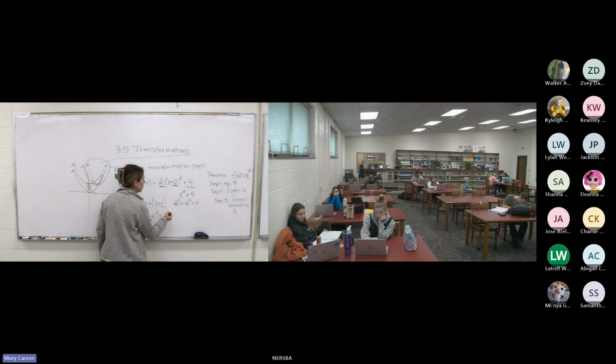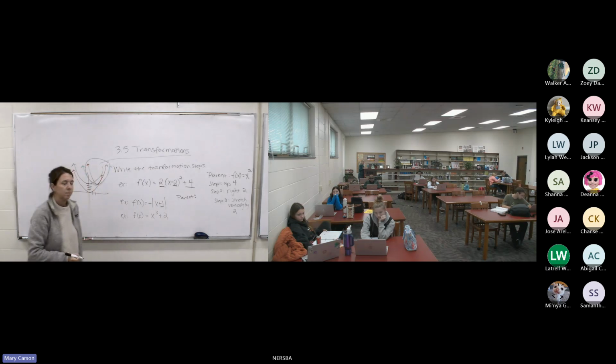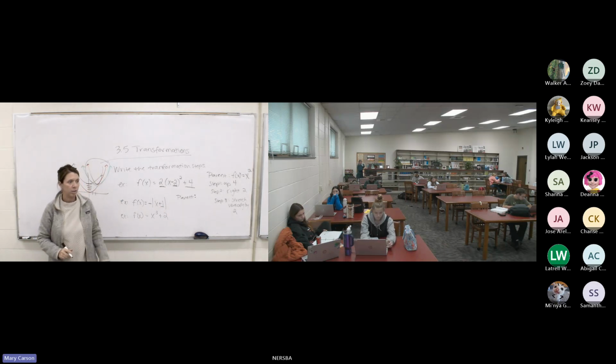This one, I've got a +1 on the inside. Now, first of all, what's a parent function? Anybody tell me what the parent is on this one? What do those bars tell you?